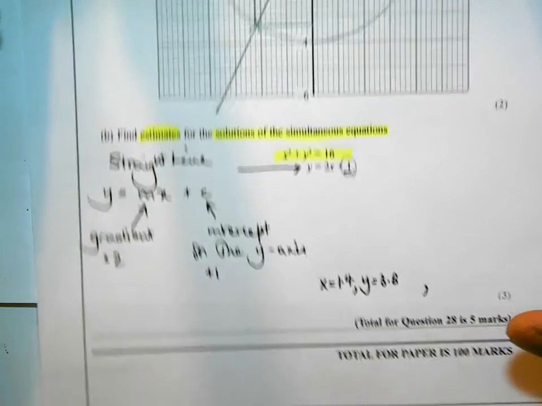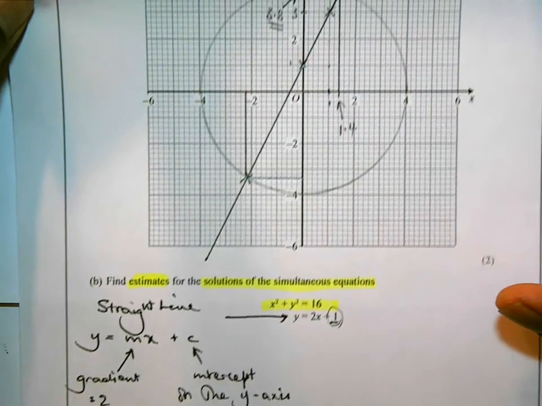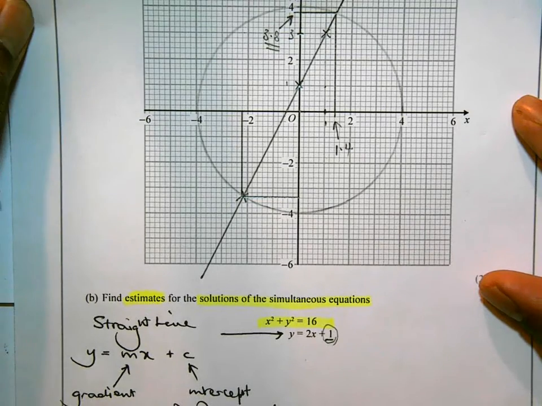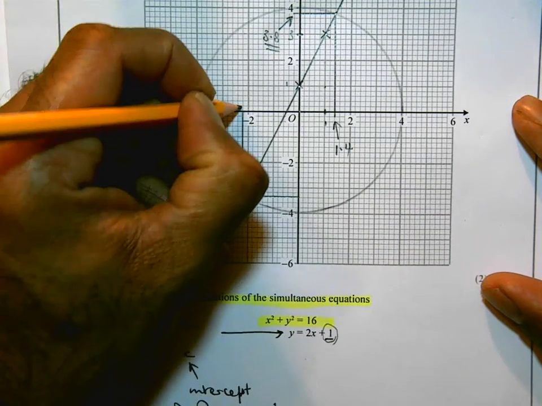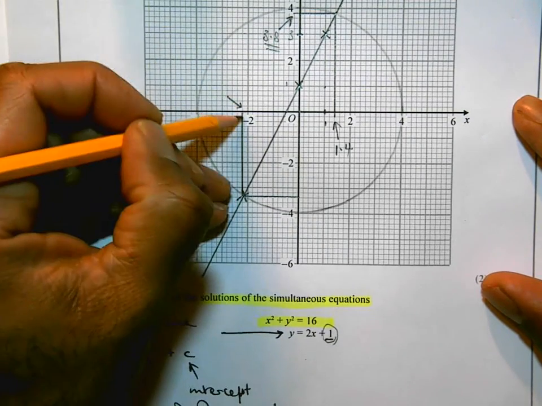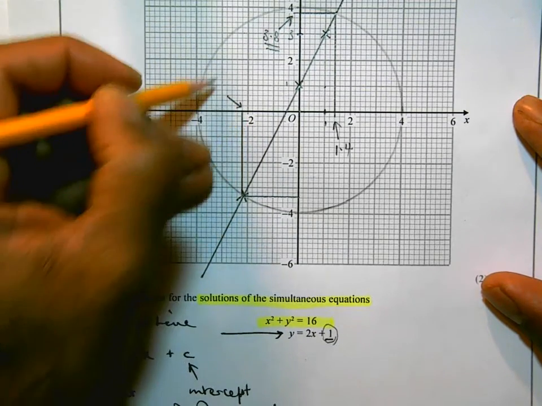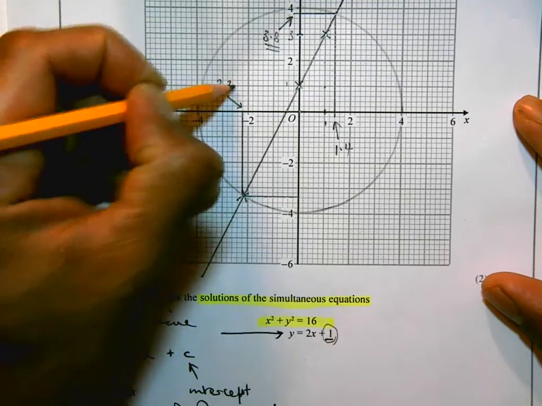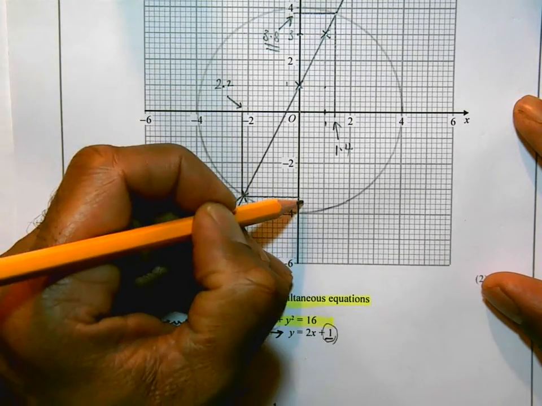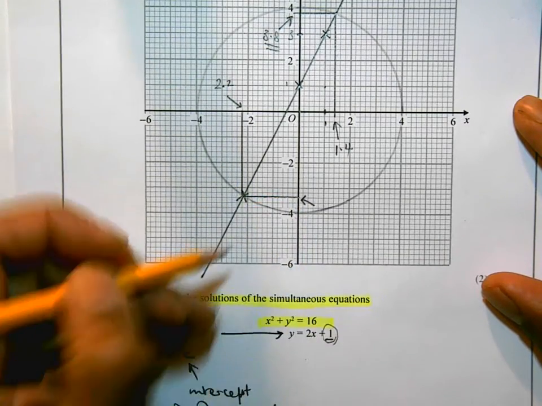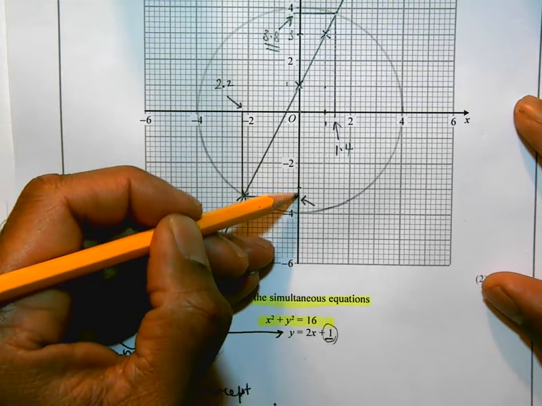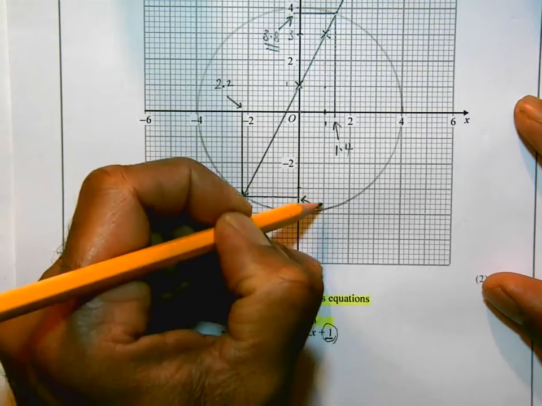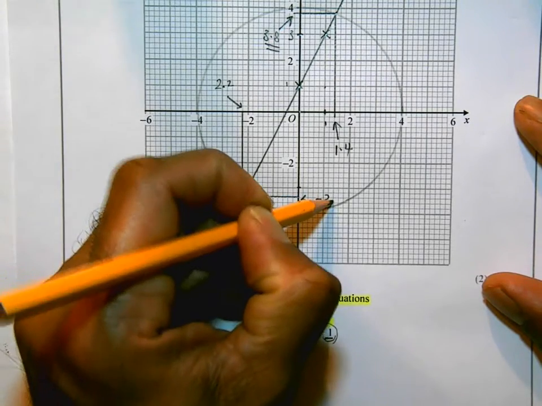Let's look at the other one. When x over here is, that's 2, and it's 1 square long, so that's 2.2. And then this y value here, that there is minus 3, minus 3.2, minus 3.4.